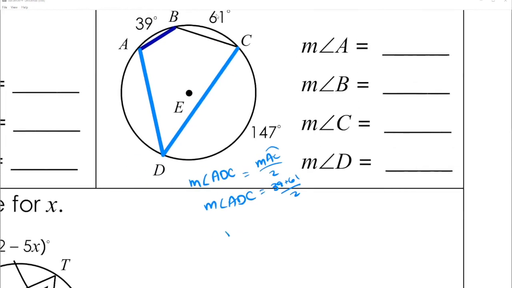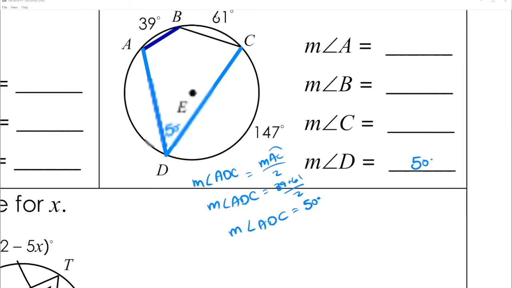And then 39 and 61 added together is 100. 100 divided by 2 lets this angle be 50. All right, we're 25% there.